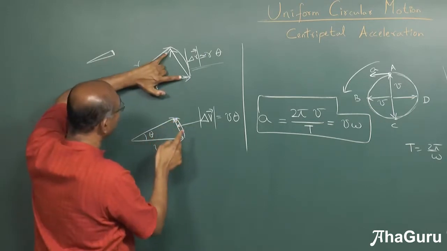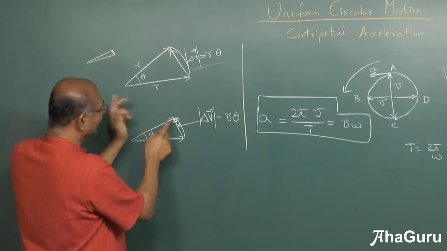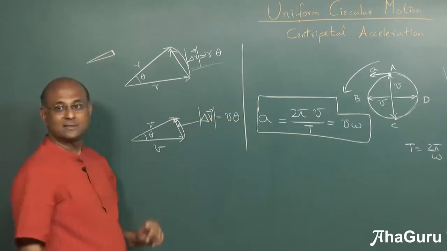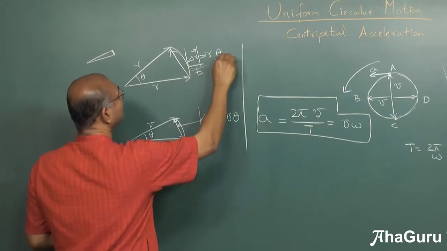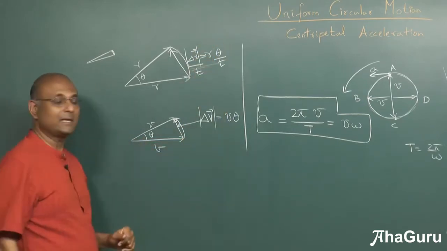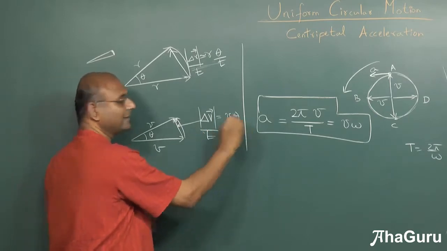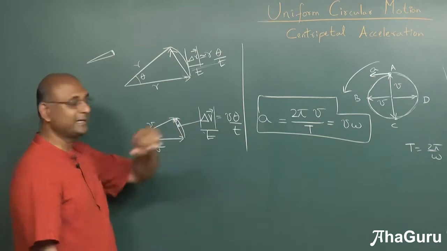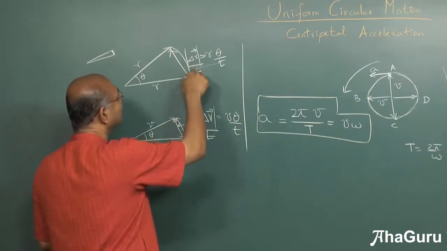So therefore, what is the delta r? Delta r is r times theta. What is delta v? V times theta. What is delta r by t? It is r theta by t. What is delta v by t? V theta by t, because delta v is v theta. But what is this thing called?